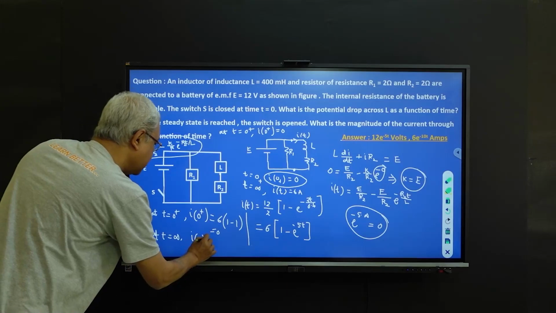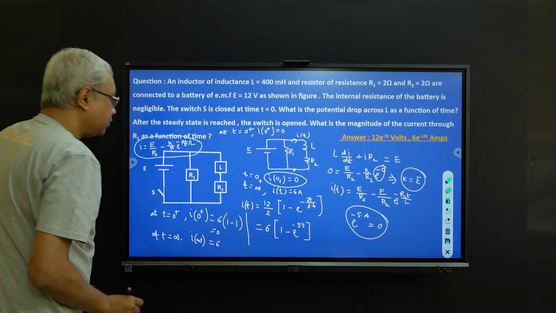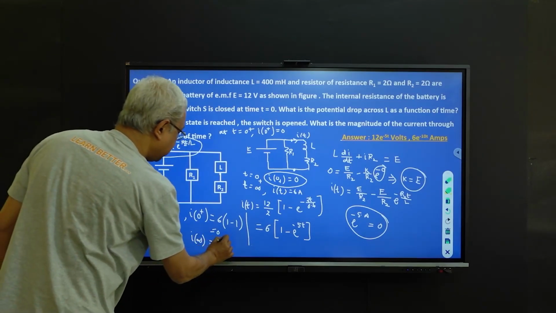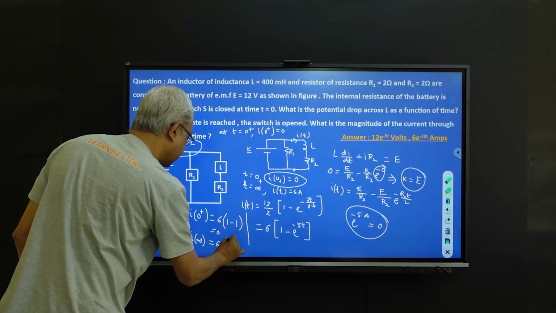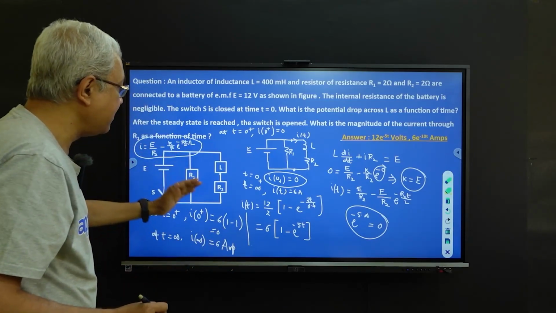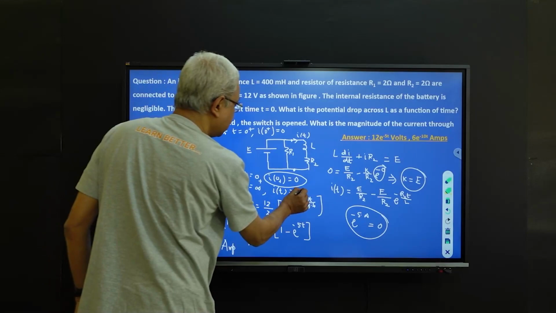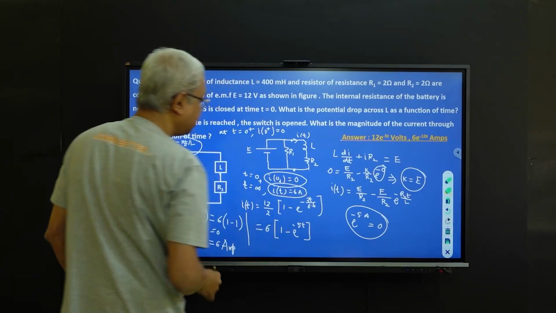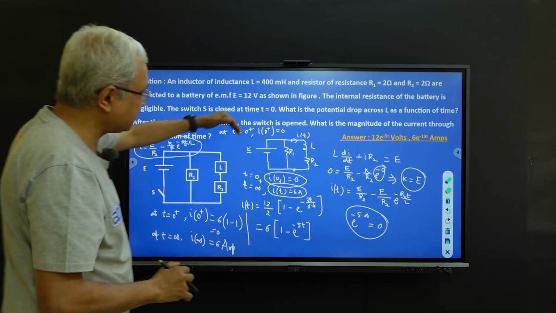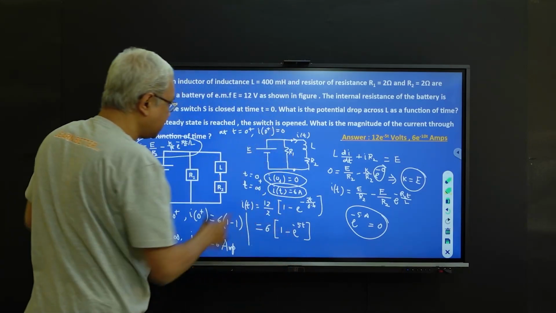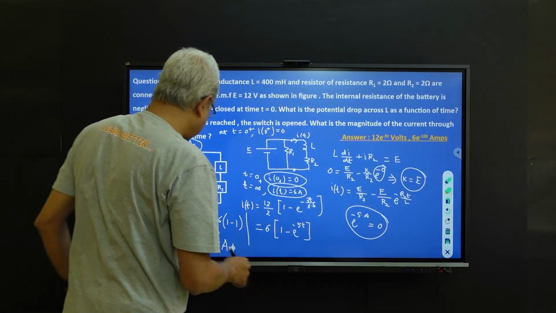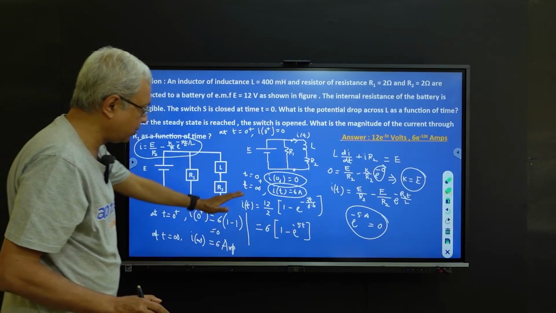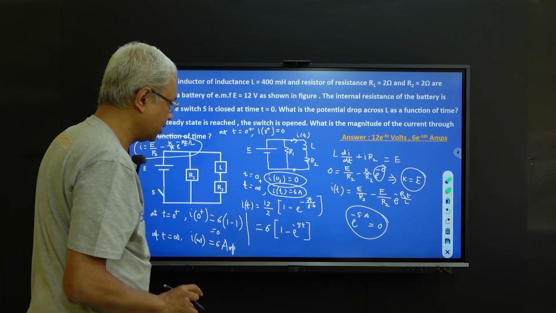So it is becoming 6, and the unit is ampere, obviously. So as time passes, the current in the branch becomes 6 ampere. That means what we discussed qualitatively, we are getting the same result from the mathematical analysis also.